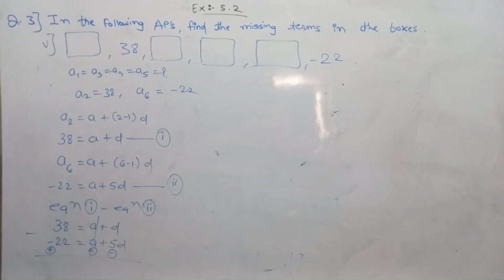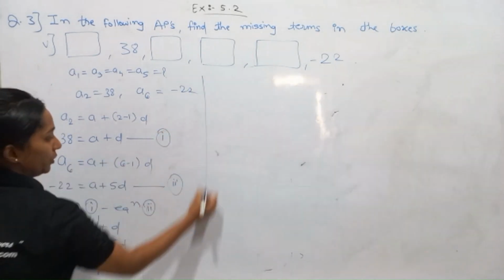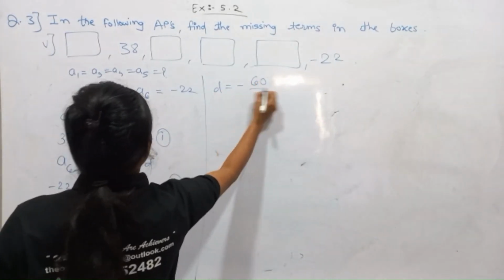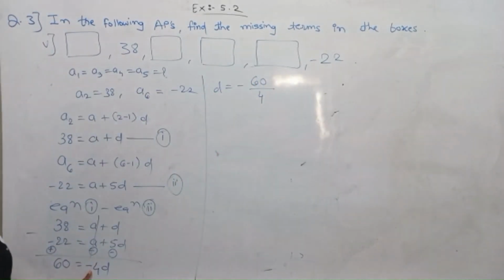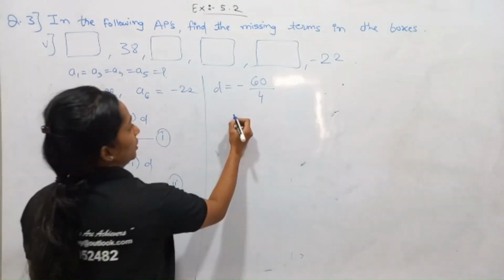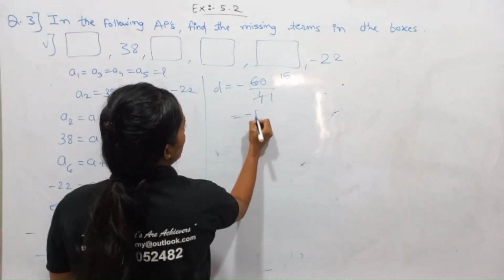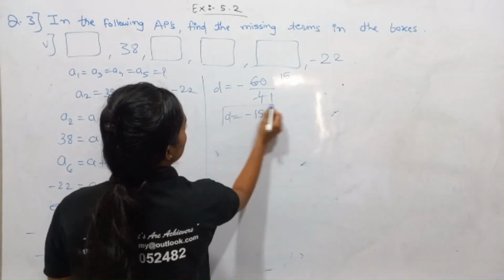A minus A gets cancelled. 38 plus 22 is 60, equal to minus 4D, subtraction, and the sign should be of the bigger number. So D is equal to minus of 60 by 4. 4 ones are 4, 4 fives are 20. So the distance I got is minus 15.